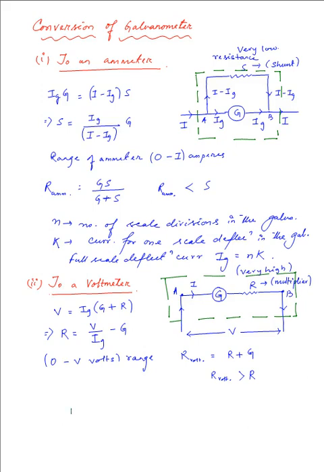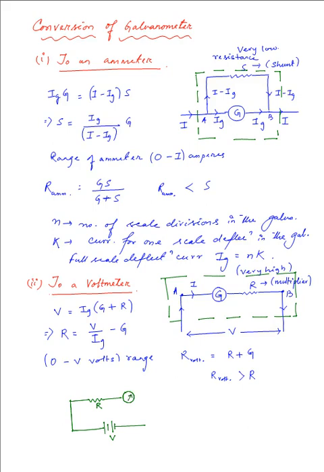So supposedly we have a circuit over here which has a certain potential source, providing a voltage V, and we have a resistance R. Now we are to determine the current, and for that we have the ammeter arrangement over here.